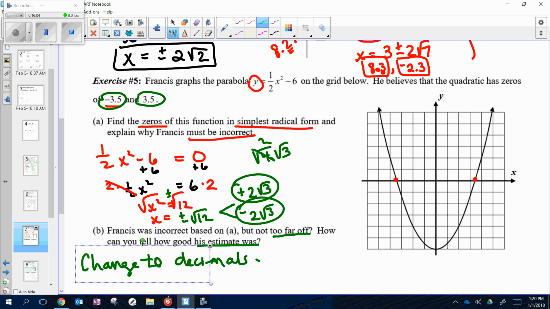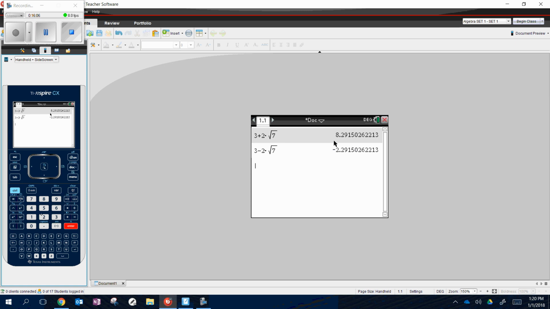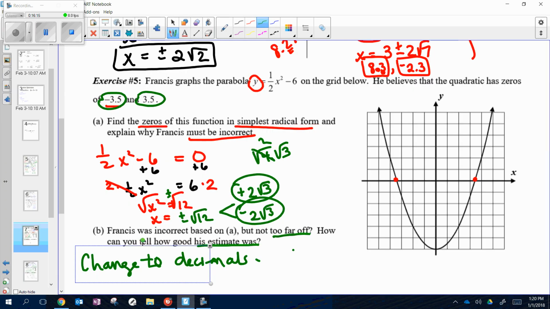So let's see, 2 radical 3. 2 square root of 3. 3.464 and so on. So he was not correct, but I could subtract 3.5 minus 3.464 and see just how far off or how good his estimate was.